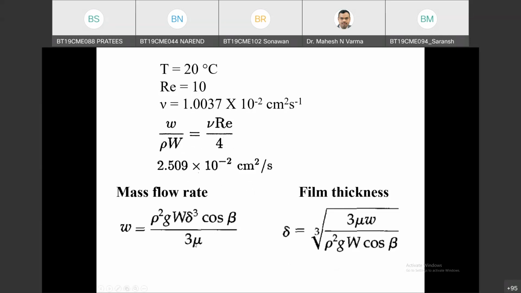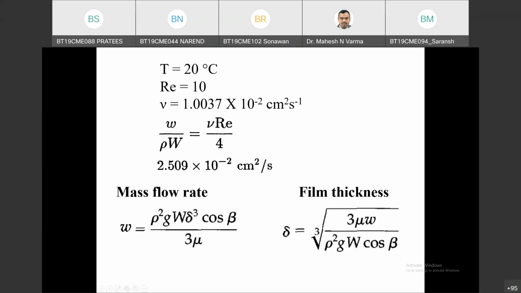Again, this mass flow rate can be rearranged like this. So mu by rho is there, mu by rho per unit width. So you can calculate W by rho into W. Mu by rho is given, g is given, and cos beta is 1, since beta is 0.